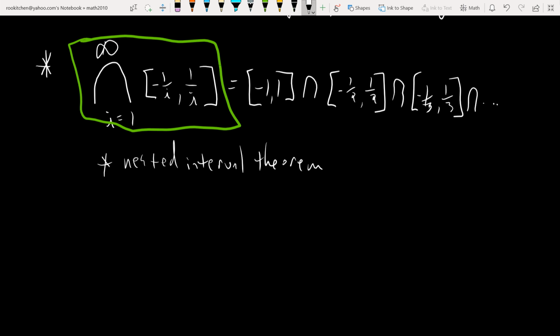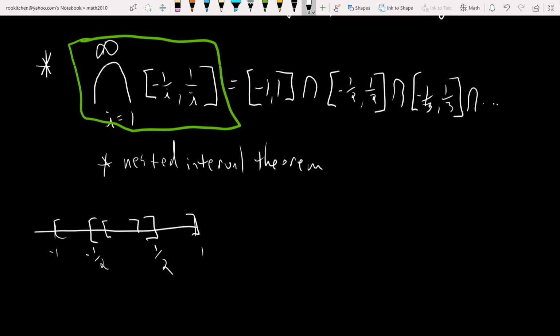And in particular, in this case, that something is, well, you kind of have to guess at this point. So here's -1, here's 1, that's that interval. And then these intervals have to be nested. In other words, they have to be inside of each other and decreasing or something like that. You see how [-1/2, 1/2] is inside of [-1, 1]. You have to have that criterion hold as well.